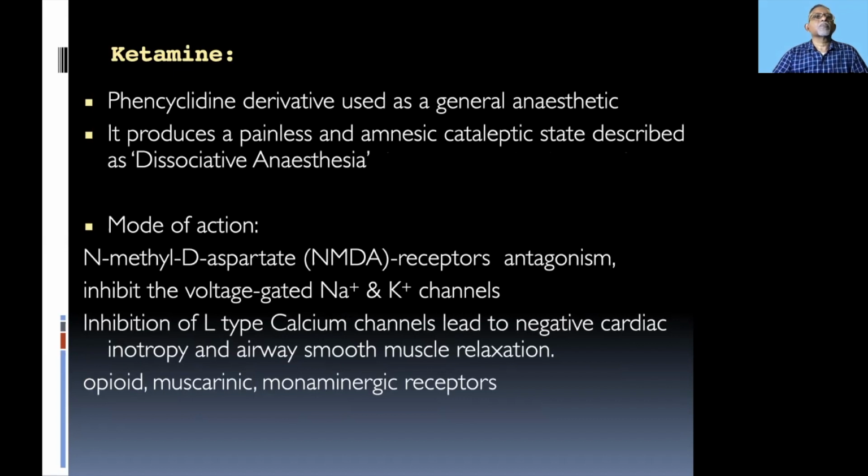It has also been shown to inhibit voltage-gated sodium and potassium channels and reuptake of serotonin and dopamine. Inhibition of L-type calcium channels leads to negative cardiac inotropy and airway smooth muscle relaxation. Agonism at AMPA receptors leads to rapid antidepressant effect.